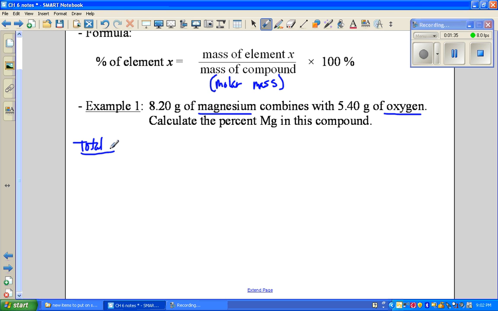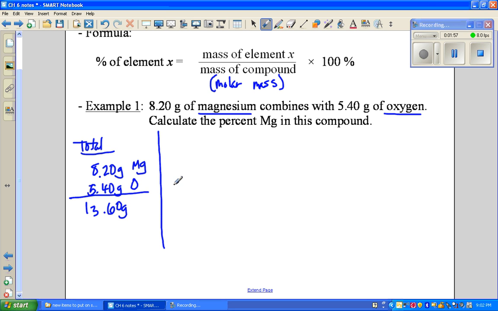So our total is the 8.20 grams of magnesium added to 5.40 grams of oxygen. If I add those two together, I get 13.60 grams, and that's my entire compound.